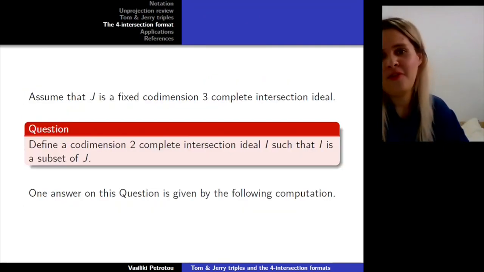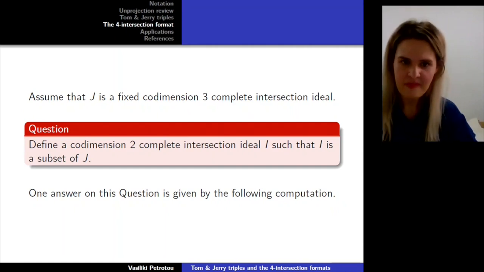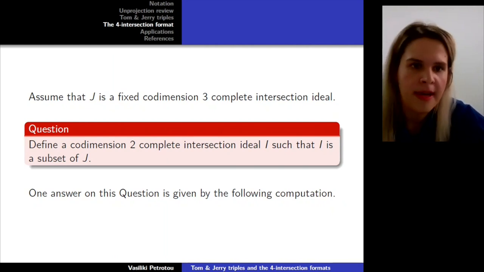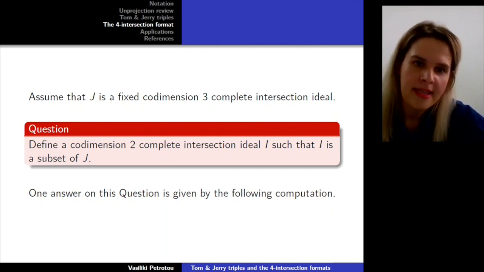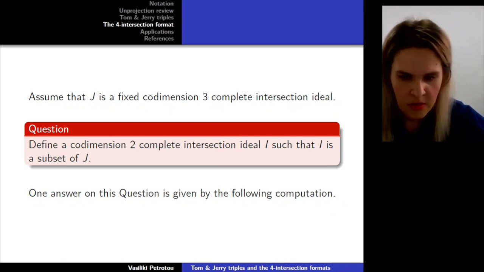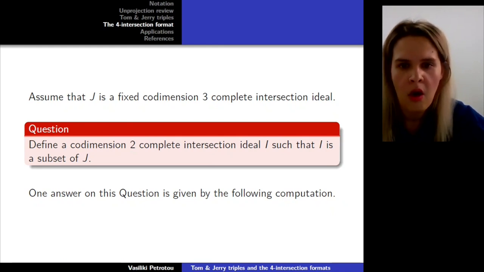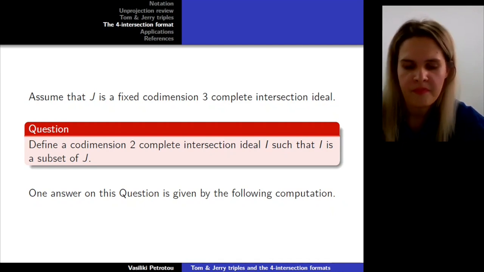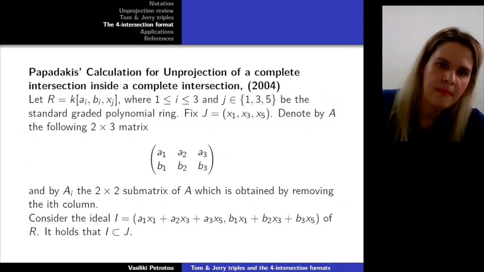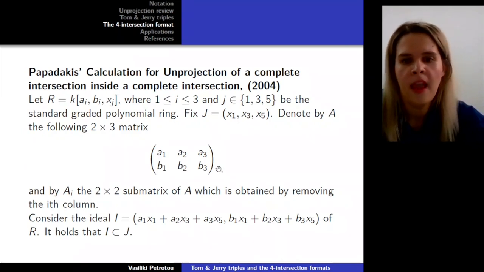Before I define the four intersection format, let's discuss another question which is related to the format. Assume that J is a fixed codimension 3 complete intersection ideal. The question that we set here is, what should be the form of this ideal in order to be contained in J? One answer of this question is given by the following calculation.